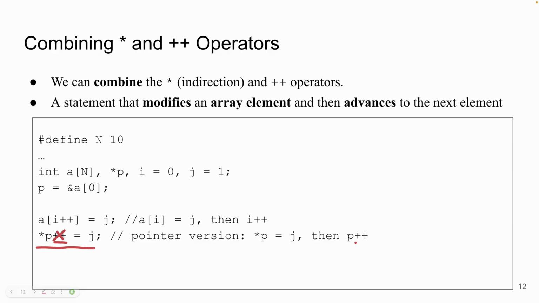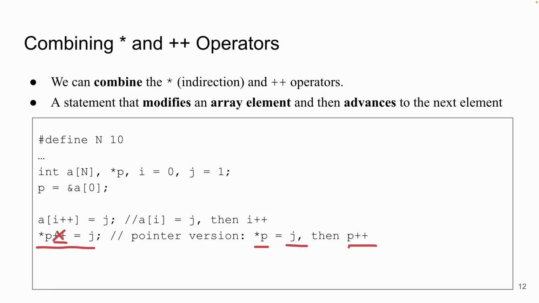So we can just pretend it doesn't exist at the beginning. What happens is that we just assign j to where p is pointing to. p is pointing to A[0], so actually these two statements do the same thing. We assign j to where p is pointing to, and after that we increment p.